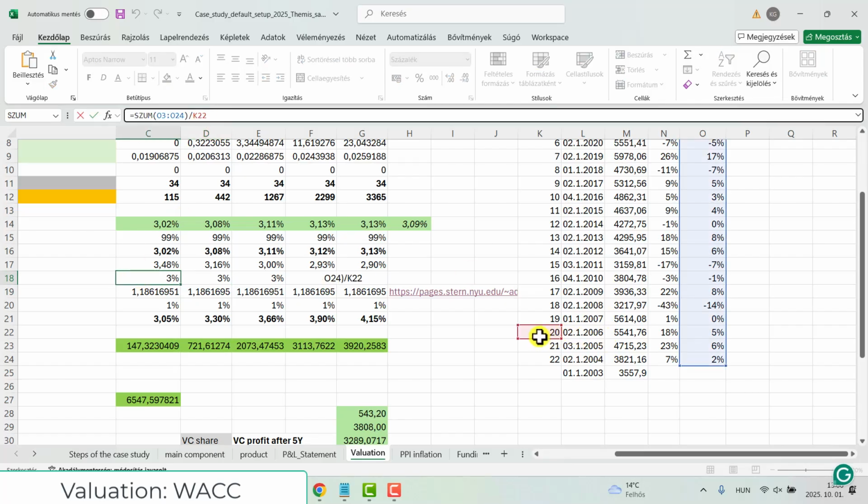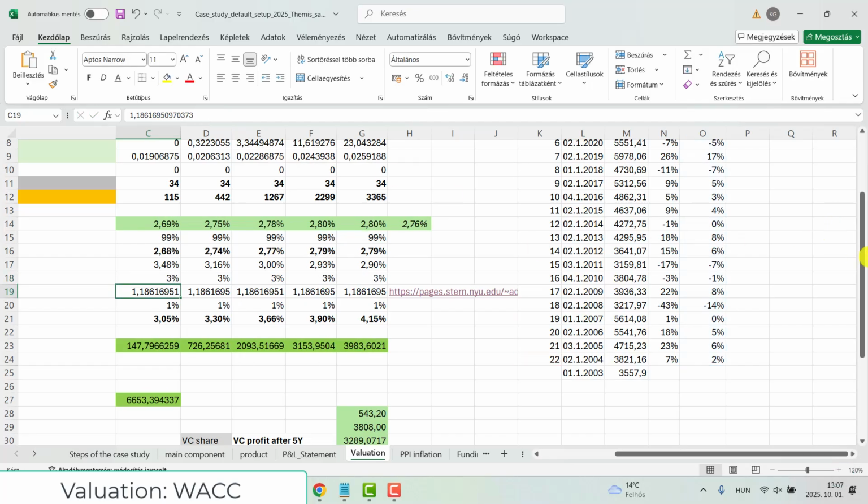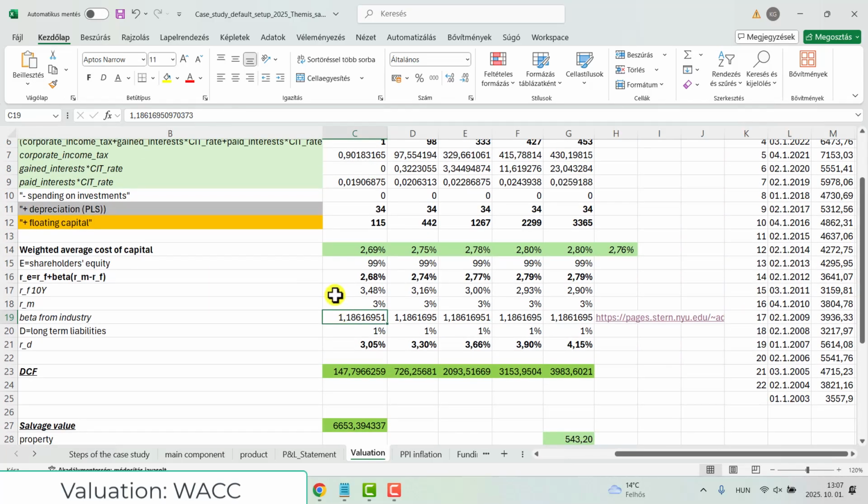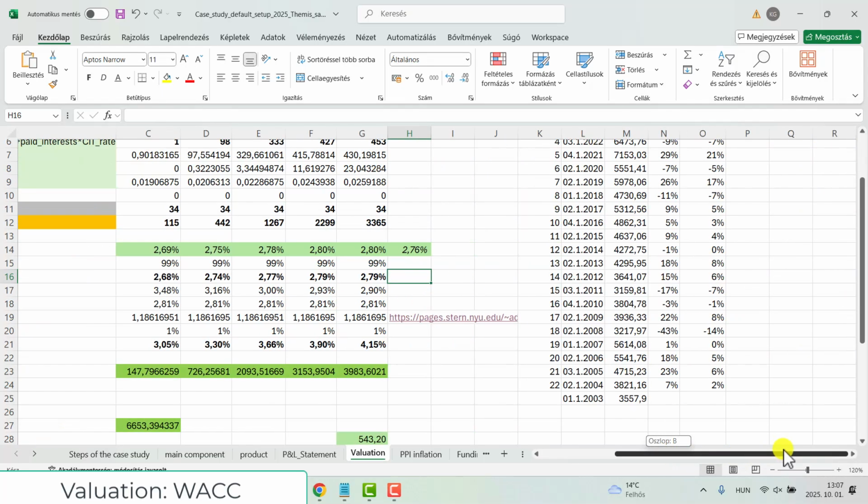Instead of K22, now it should be K24. So we have 22 years. It's still 3%. Obviously if I added more decimals, it would change slightly, but not much.